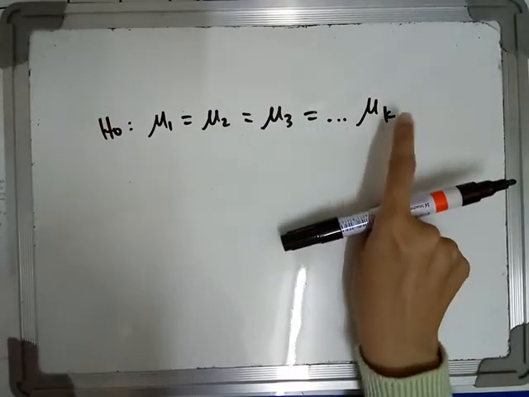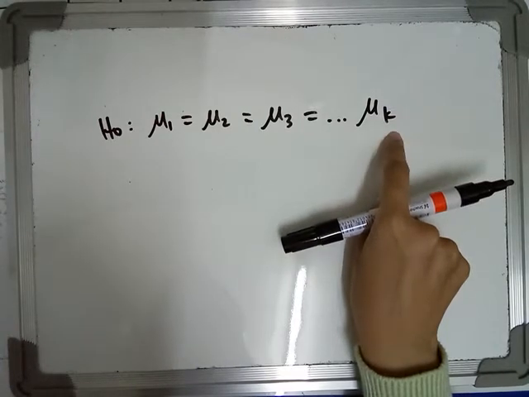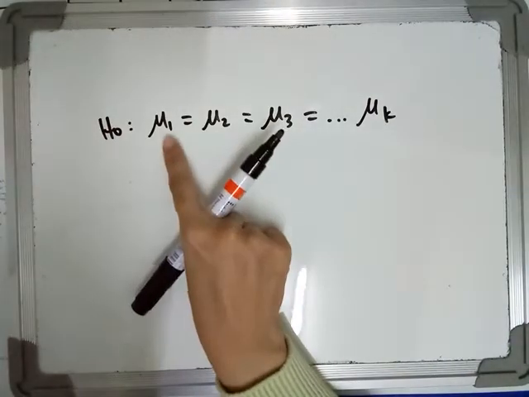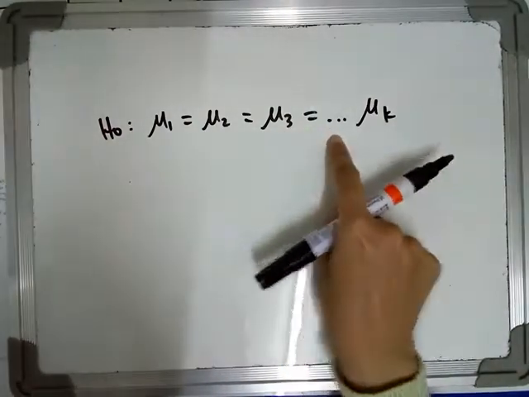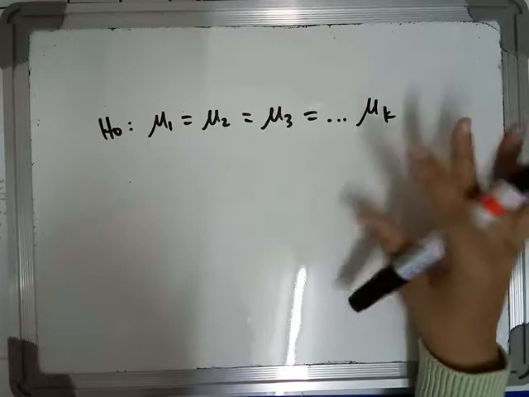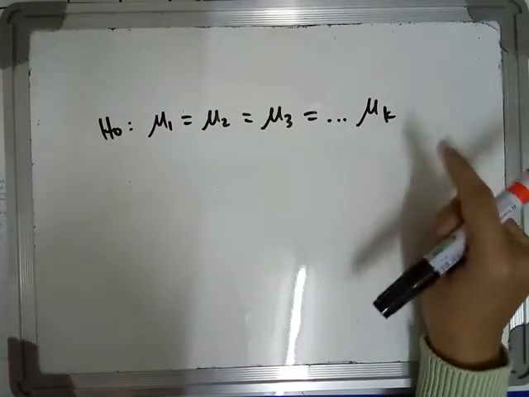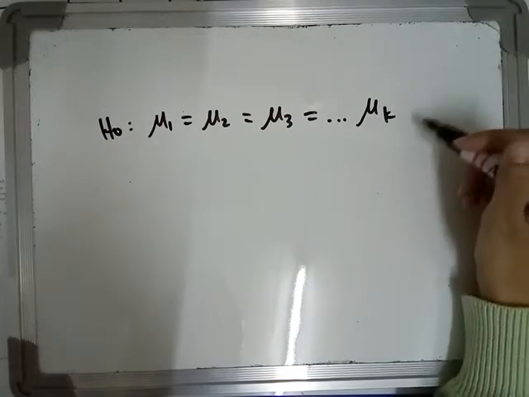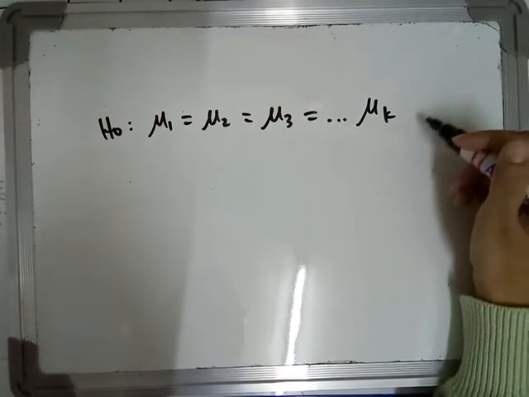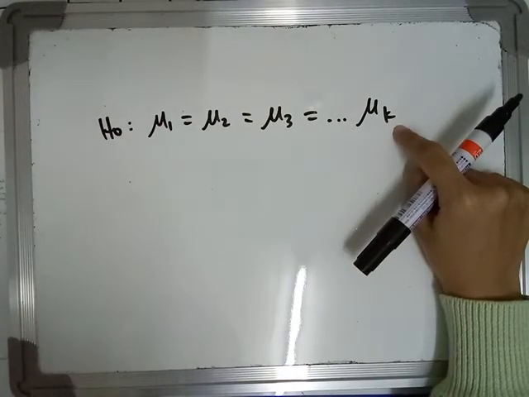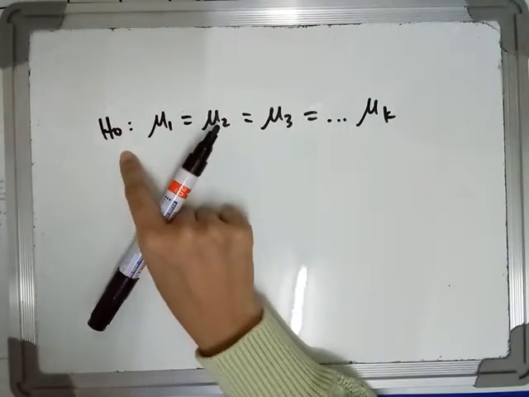What is k? The number of samples. If we have 4 populations or 5 populations, then you need to state mu 1, mu 2, mu 3, mu 4 until mu 5. If 6 populations, you have to state until mu 6. So k is the number of samples. This is the notation for H-naught.